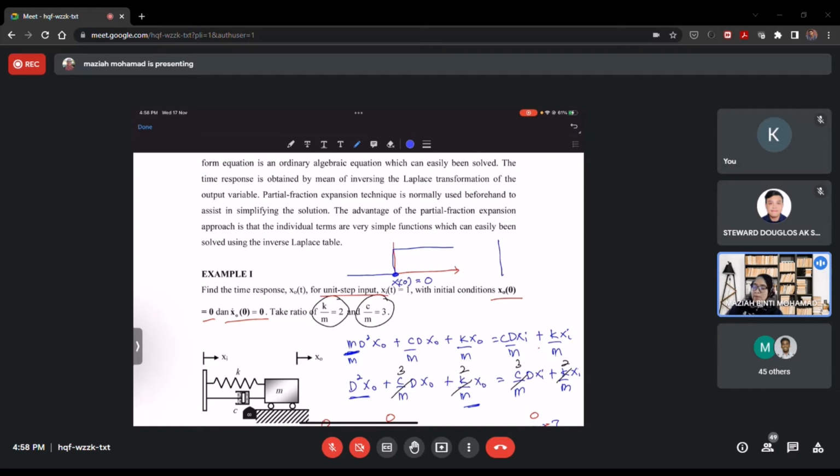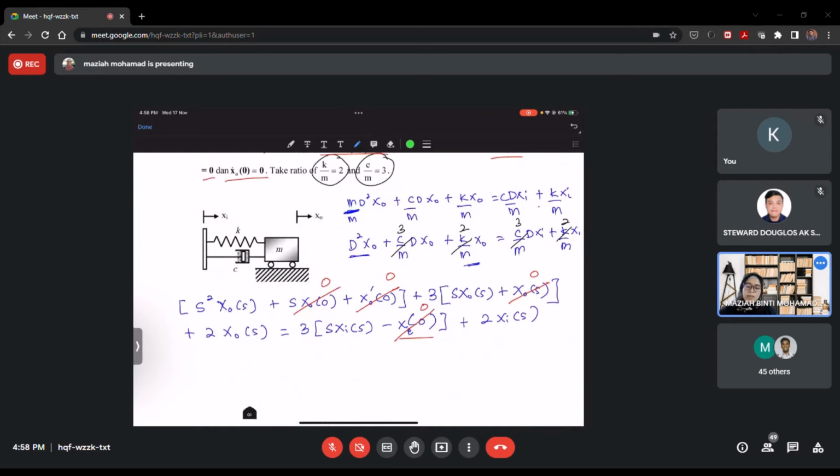Or maybe you have an input signal like this, which is not 0 at t equal to 0. But for this example, we consider a common step input with 0 initial condition. Therefore we also consider xi 0 equal to 0.